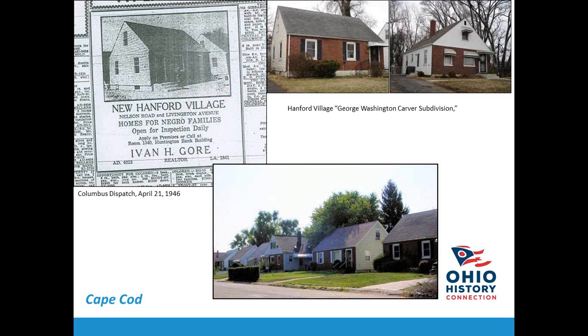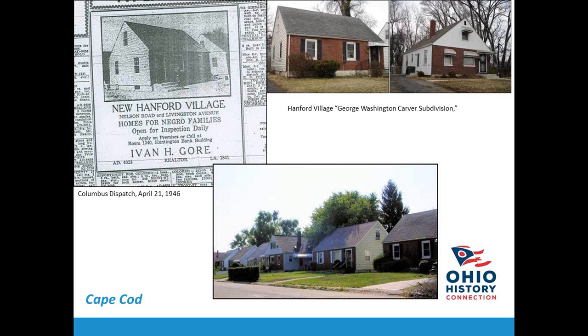Many of the families that originally built or purchased these houses still live in them, or members of their family still live in them. So the subdivision represents a northern, pre-classic civil rights era, post-World War II FHA-associated suburb that was constructed for and marketed to African American veterans.